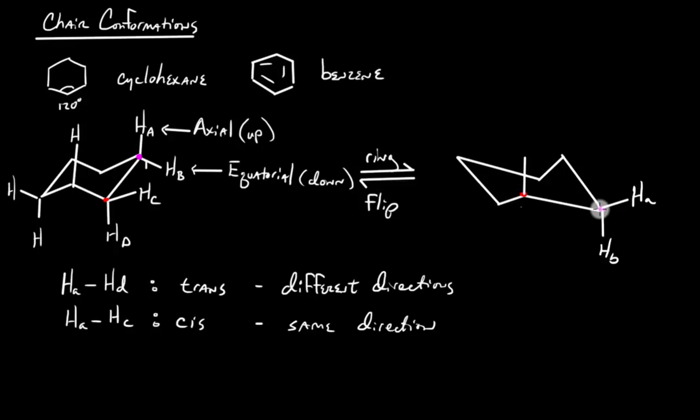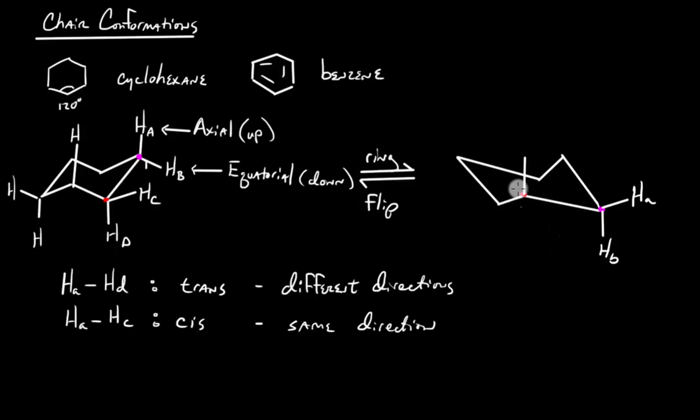So if this white and this pink make red point upwards, the axial will also point upwards. Right now, this carbon is pointing upwards, so the axial will also point upwards. This carbon is pointing downwards, so the axial will also point downwards. And the same thing here. This carbon is pointing downwards, so its axial will also point downwards.